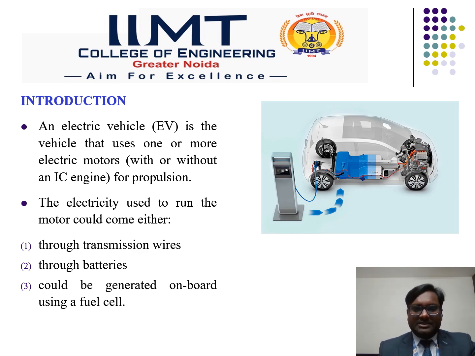In the case of electric locomotives and metro trains, we get electricity through transmission wires. In the case of electric bikes and electric cars, we get it through a single battery or a series of connected batteries. And electricity can also be generated on board using a fuel cell, such as in the case of hydrogen cars.